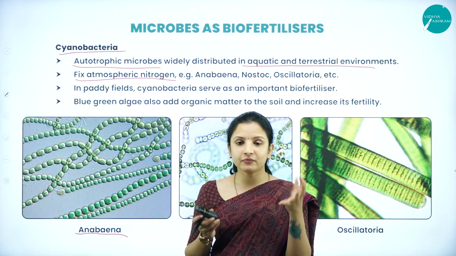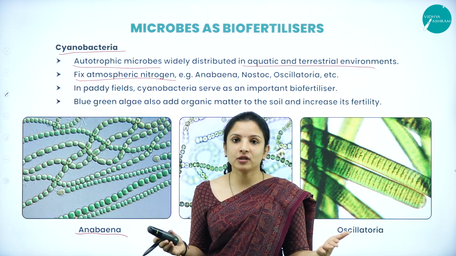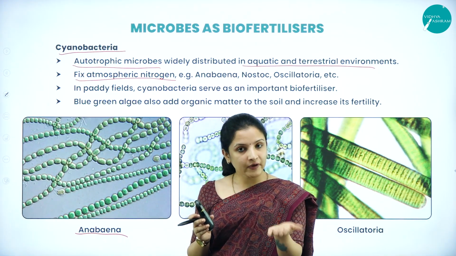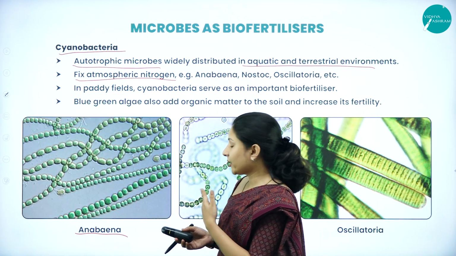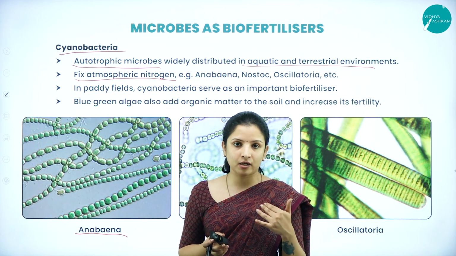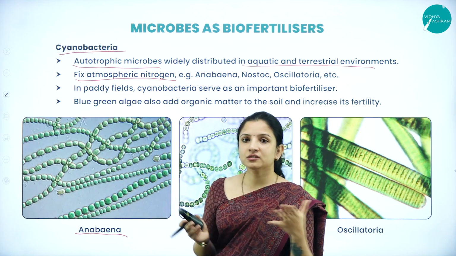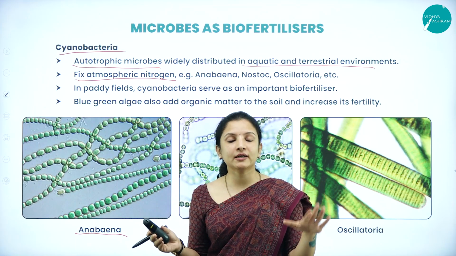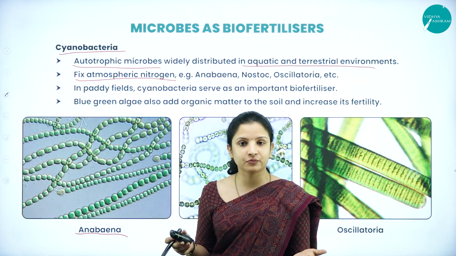That is why some farmers grow Azolla in larger quantities. Why? Because wherever Azolla is there, Anabaena will be there, because there is a symbiotic relationship between Azolla and Anabaena. So farmers can grow this Azolla in larger quantities and therefore indirectly they are growing Anabaena as well, right?